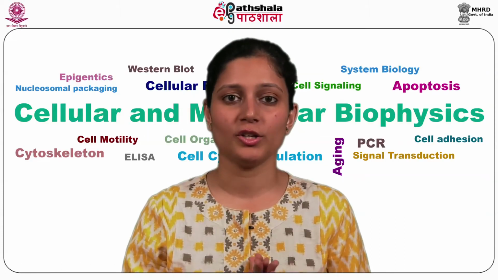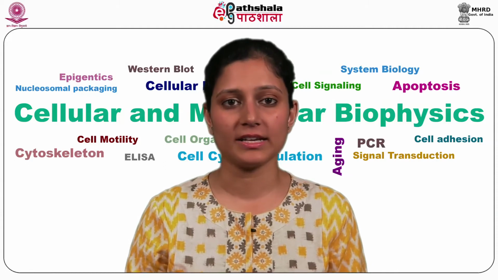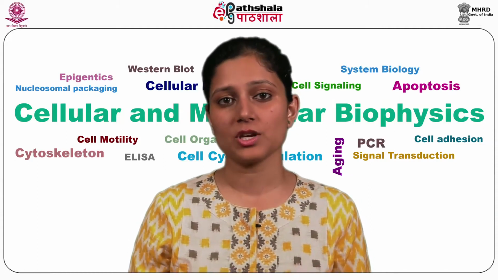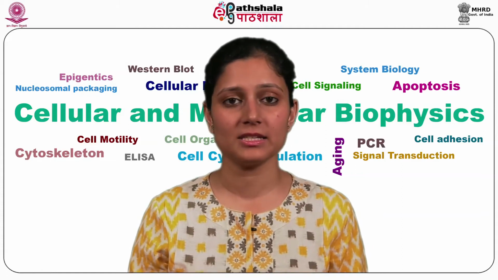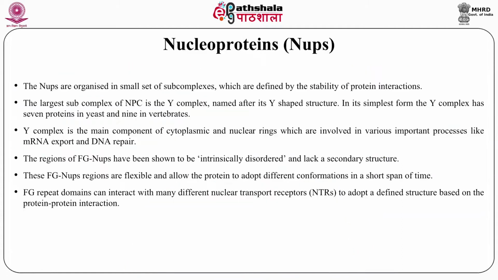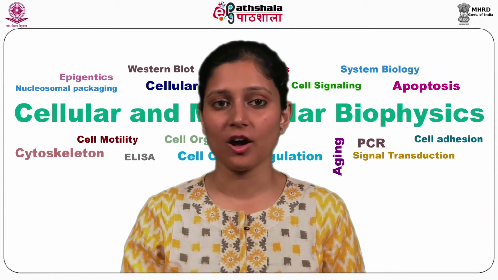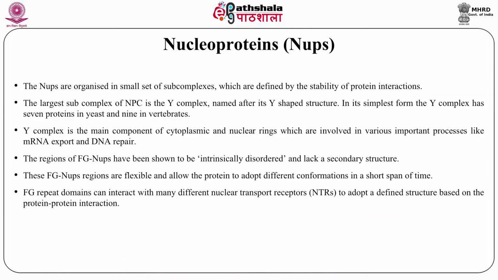The NUPs or nucleoproteins are organized in small set of subcomplexes which are defined by the stability of protein interactions. The largest subcomplex of NPC is the Y complex, named after its Y-shaped structure as seen on the right. In its simplest form, the Y complex has 7 proteins in yeast and 9 in vertebrates.